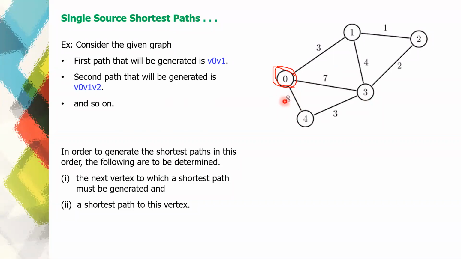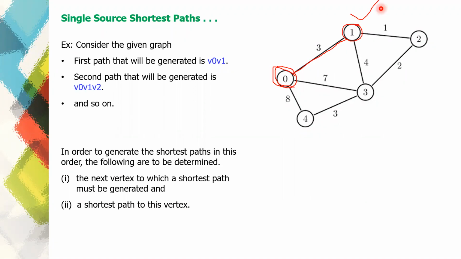So among these 3 nodes, 1, 3, 4, which is the vertex that is nearest to vertex 0? That is vertex 1. So I'm going to generate in step 1 the path V0 to V1. So I have taken this path V0 to V1. Now from V1, this is your current vertex.